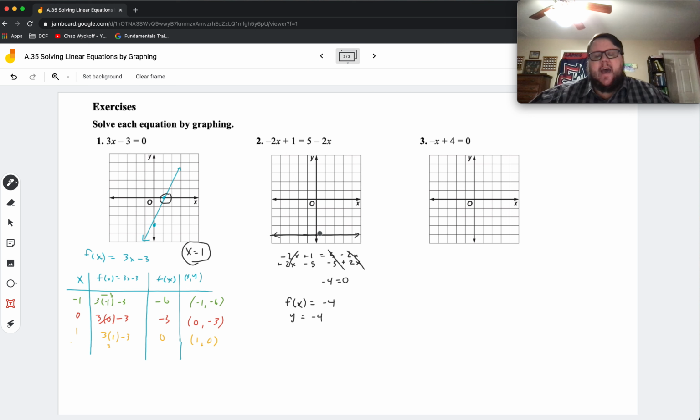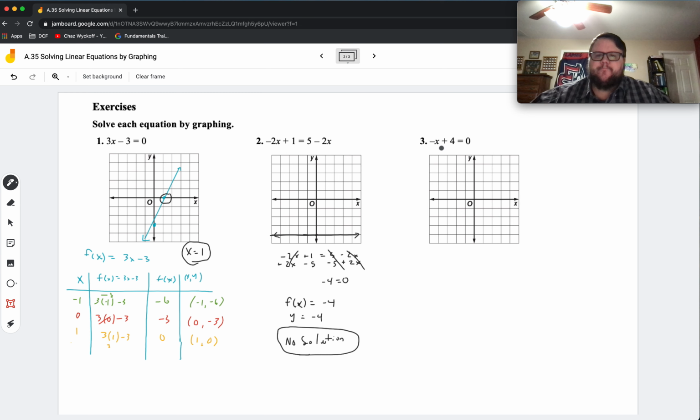So what we have is it doesn't. It doesn't cross the x-axis. So what we have is no solution. So that's number 2, no solution.